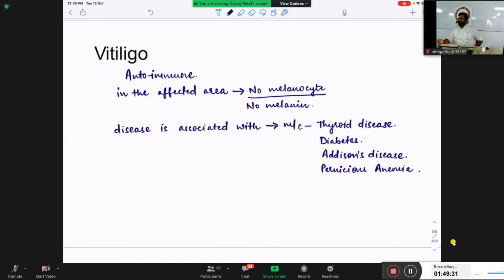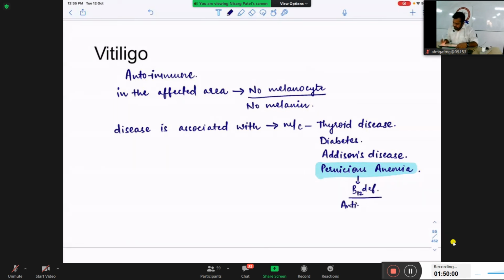Which antibody do you see in pernicious anemia? Anti-intrinsic factor antibodies, which will cause type A gastritis. So it will cause B12 deficiency.